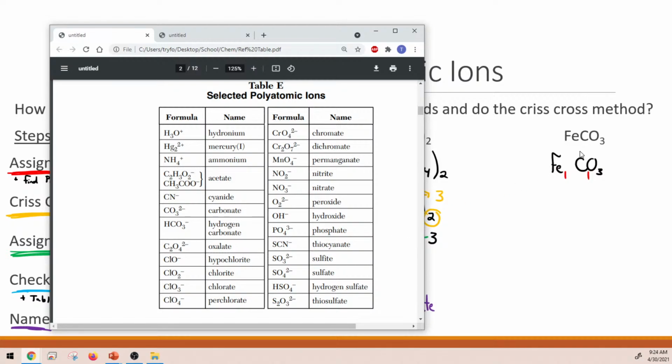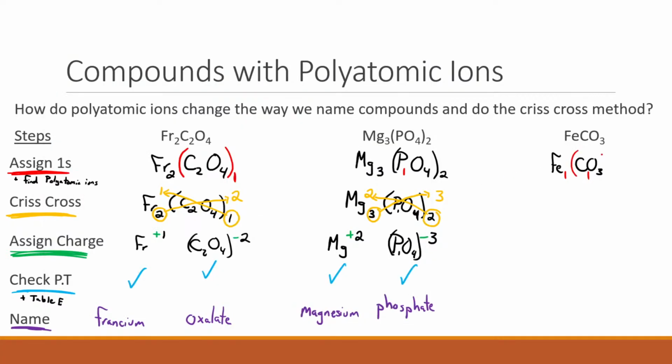Is it the Fe and the C together, or is it the C and the O together? Right, we could look, it would be in the same order. There's no Fe on here, but if we look, we do see CO3. That is right there. And so that's our polyatomic ion. We're going to mark it off by putting it in parentheses and including that 1.